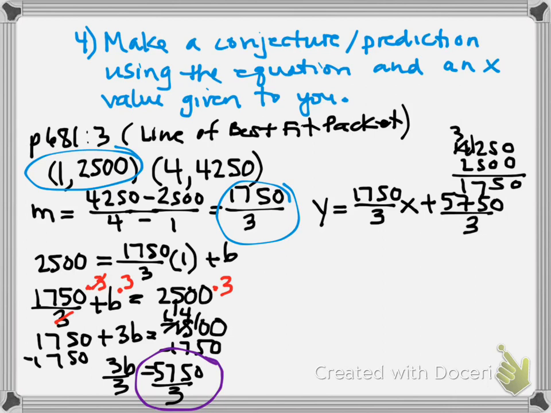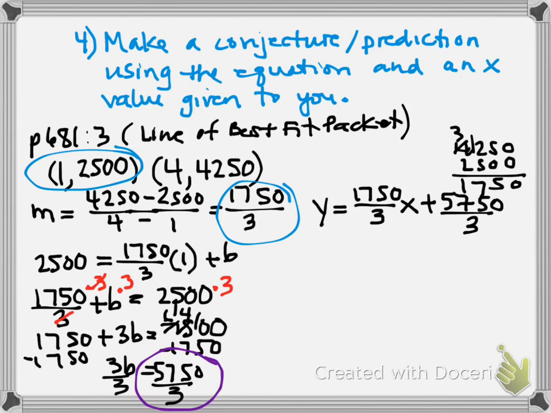Okay. But if you look at part B of this question, it says use the equation to make a conjecture about the number of girls that will participate in ice hockey in the year 2020. So what we need to do is go back and interpret our graph. And if you look at the label for the horizontal axis, the x-axis, it says years since 1996.